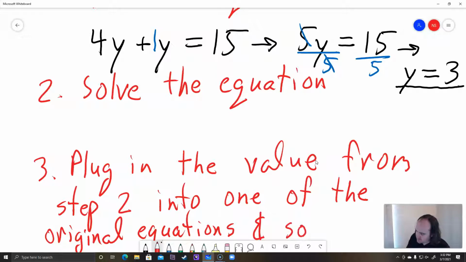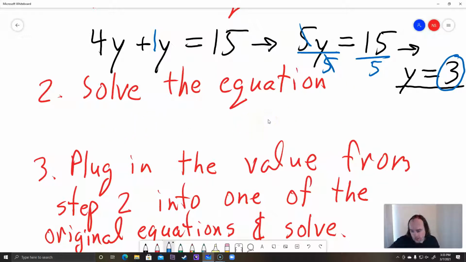Okay, and when I say solve, because we know what y is now, when we plug this into one of the original equations, we're going to be able to solve for the other variable, which in this case happens to be x. So we're going to plug in y equals 3 into one of the original equations and solve for x.